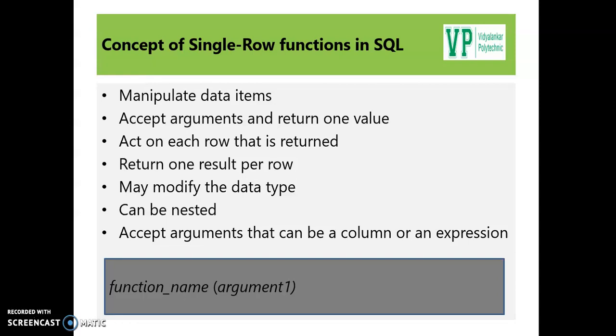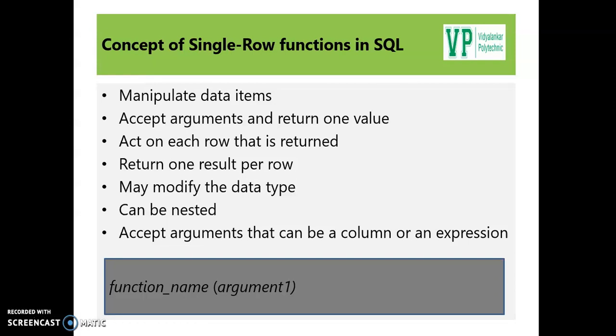Return one result per row: here the single row function works on every record, so it produces one result for every particular record. May modify data type.